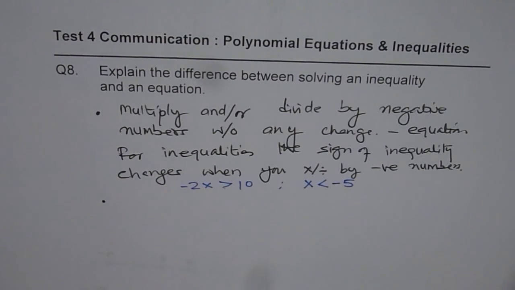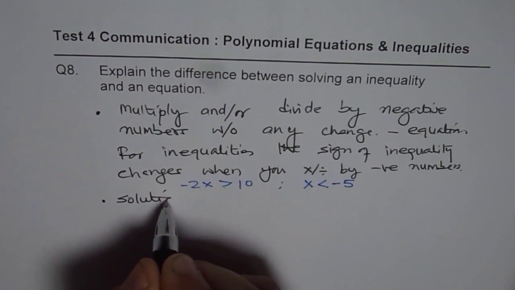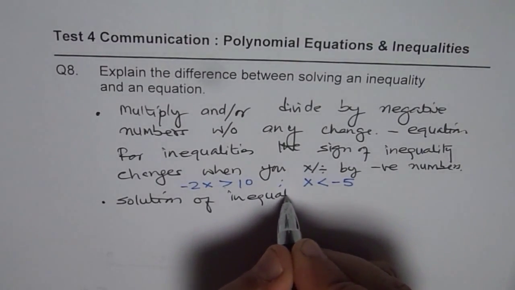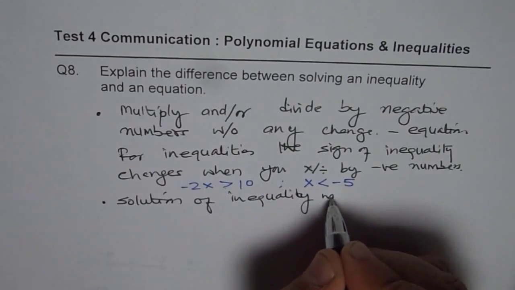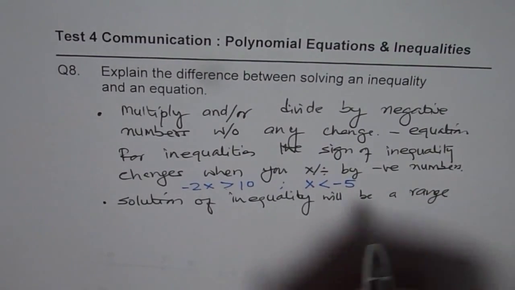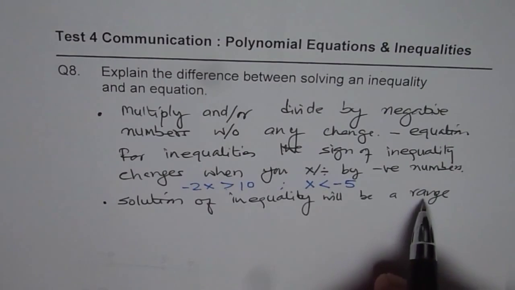And the second difference is in the solution, right? So we have the solution of an inequality will be a range. See, x is less than minus 5. All values less than minus 5 will be the solution.